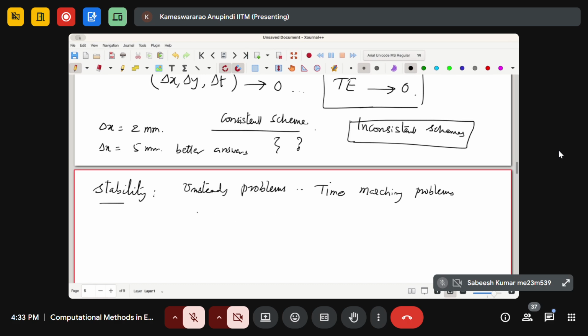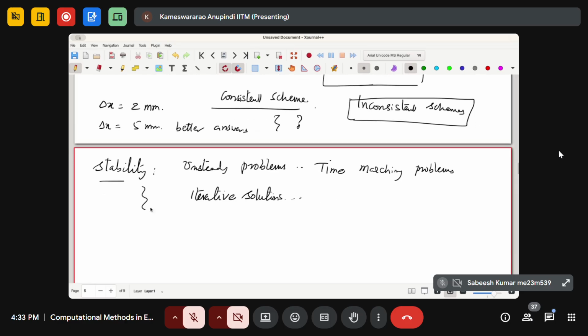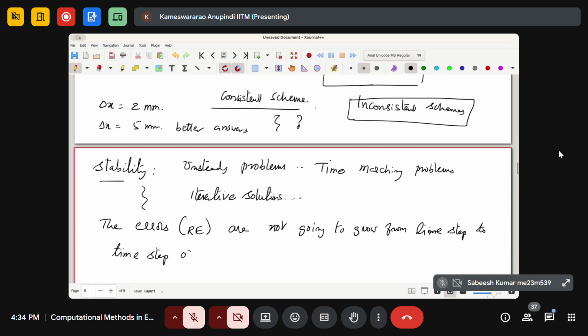It is also applied to problems where there are iterative solutions. We're going to apply the stability concept. What stability means is that the errors, whether they are round-off errors or other errors, are not going to grow from time step to time step, or from iteration to iteration.